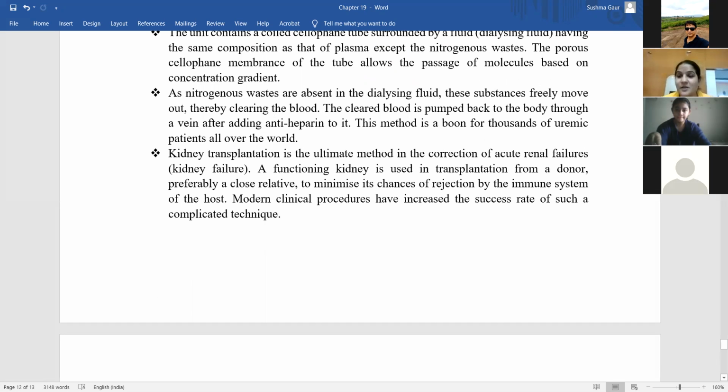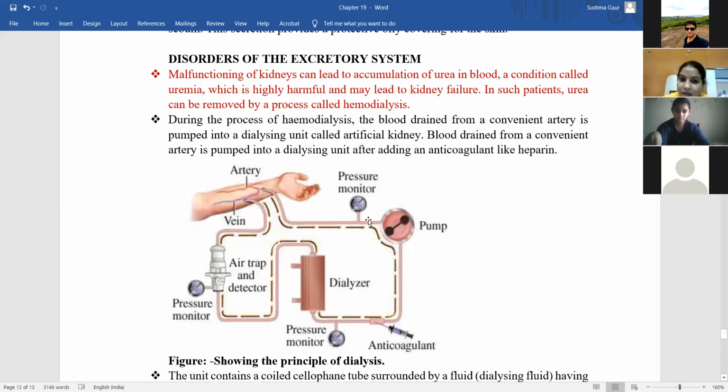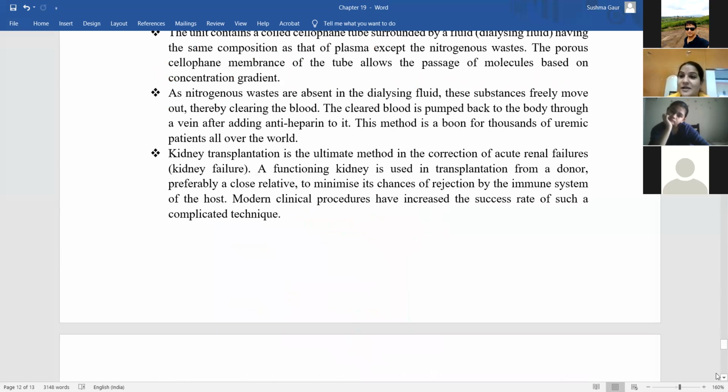Now what happens is our blood comes into this dialyzer, which has some coils that are surrounded by the dialyzing fluid that consists of all the things that are present in the plasma except nitrogenous waste, that is urea. So as the urea is not present, all the things except urea can be cleared out of the blood, and the cleared blood is pumped back to the body through a vein after adding antiheparin to it.